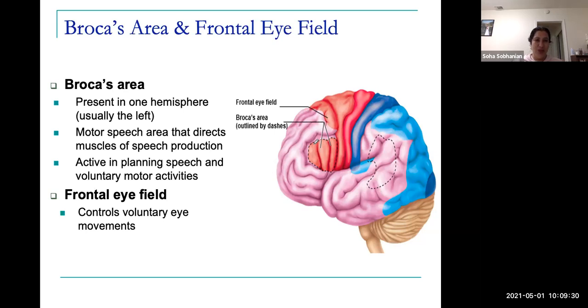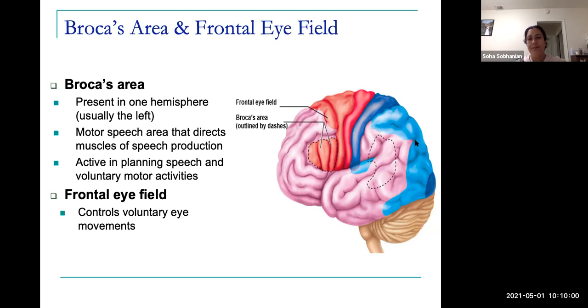One thing that I do want you guys to know, and I'm going to type this in the chat box as well, so you have that information. Broca's area on the left side is responsible for creation of the actual speech.